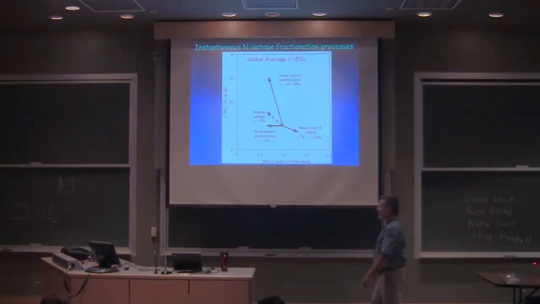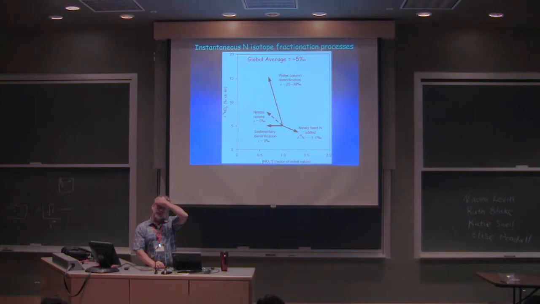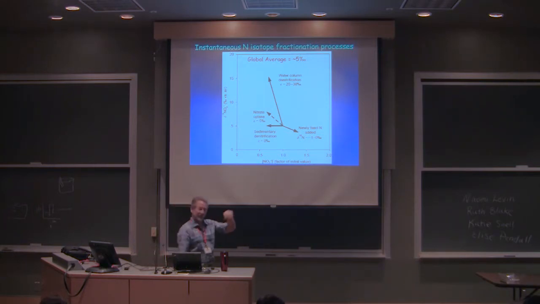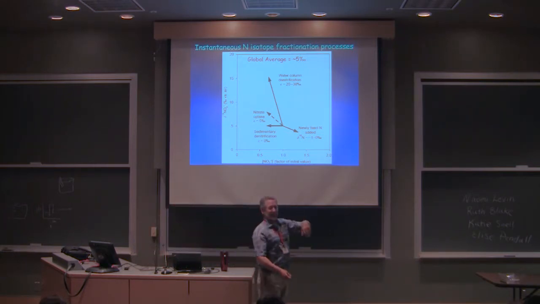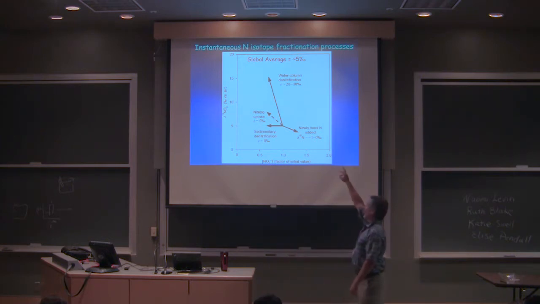It turns out that those high concentrations in the deep ocean, anywhere in the ocean, if you measure the nitrogen isotopic composition, either in the Atlantic, the Indian Ocean, or the Pacific, the nitrogen isotopic global average is about 5 per mil.